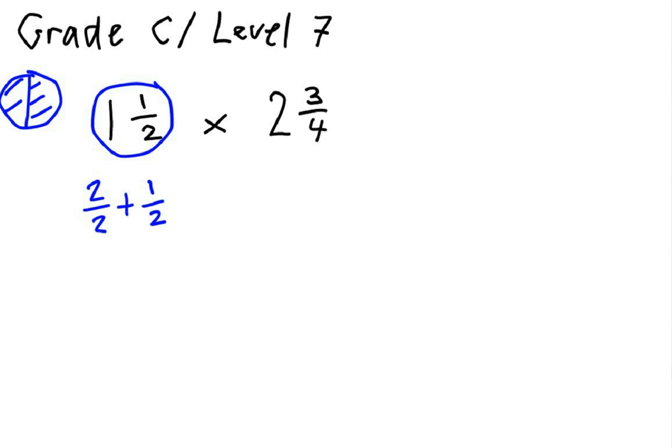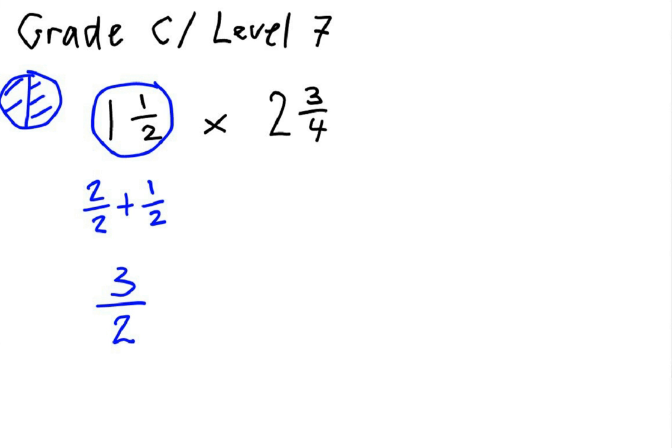Now we know from our previous work on adding fractions that we can add fractions when the denominators are the same. So that actually becomes 2 plus 1 is 3, and we put that over a common denominator of 2. Okay, so for the time being we have converted 1 1/2, a mixed number fraction, into an improper fraction where the numerator is 3 and the denominator is 2.